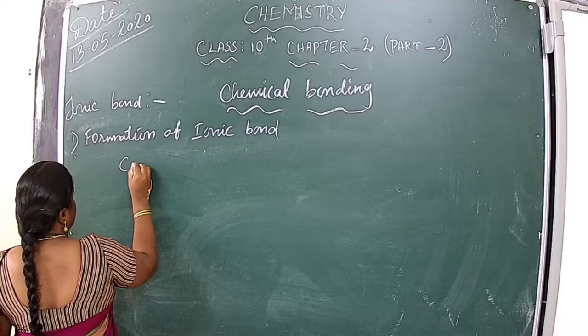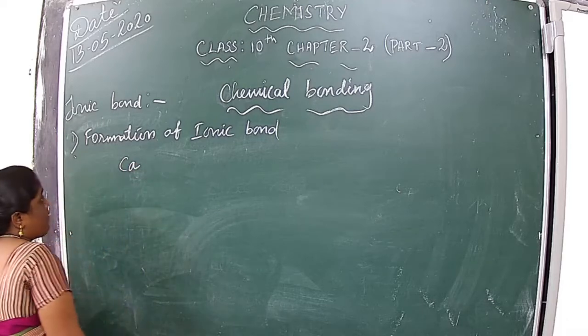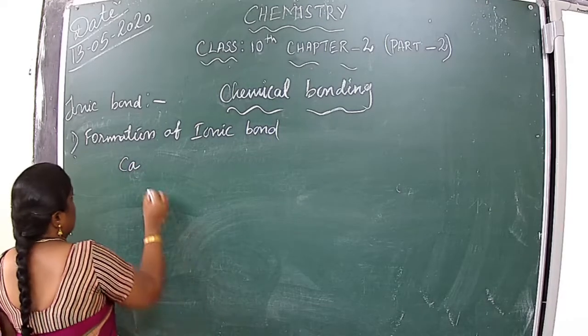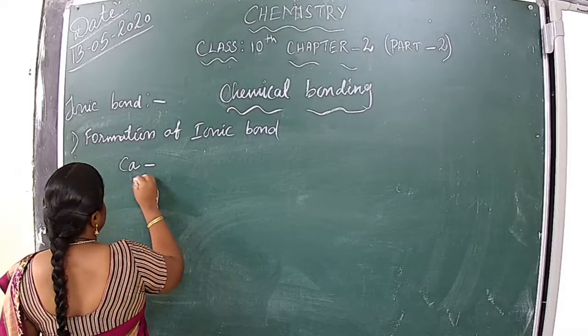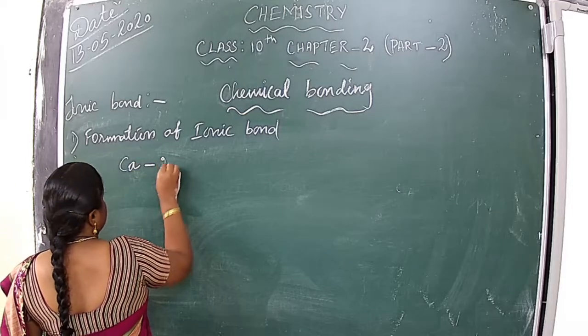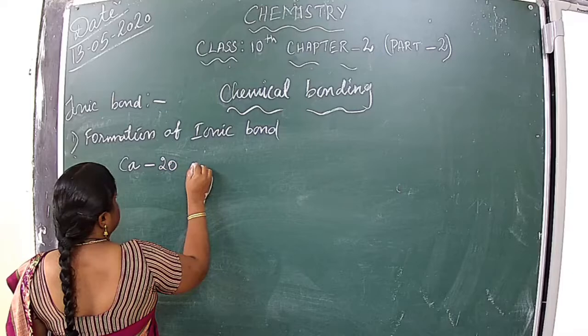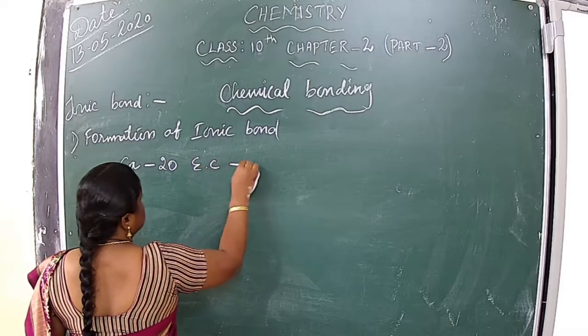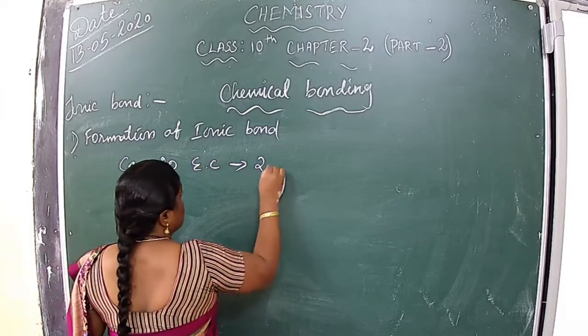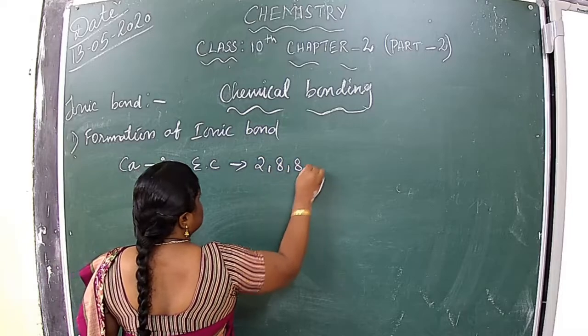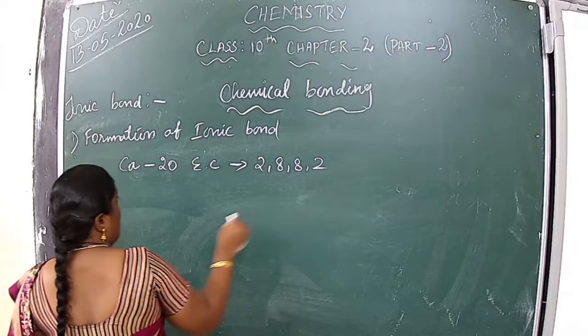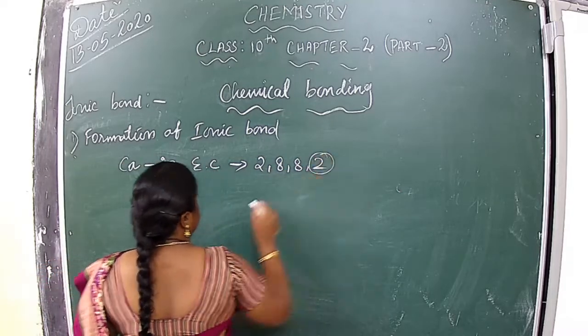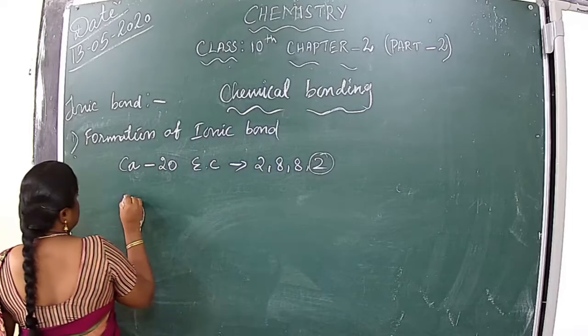See, the atomic number of calcium is 20, so the electronic configuration of calcium is 2, 8, 8, 2. The last valence shell contains 2 electrons.